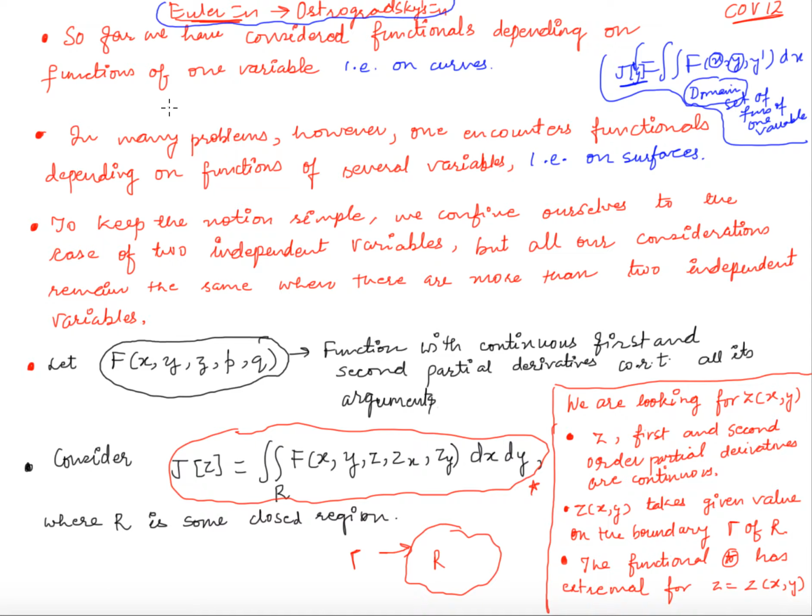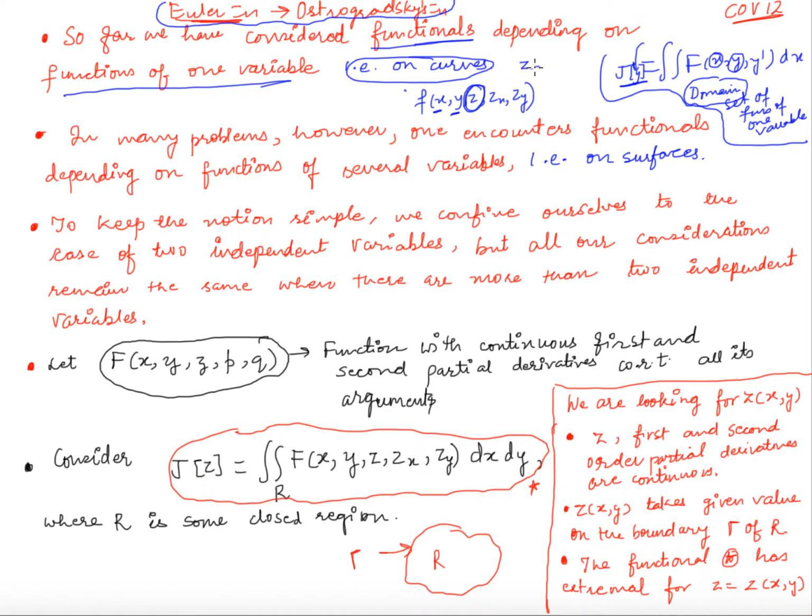So far we had considered functionals depending on functions of one variable, and functions of one variable are curves. But in many problems, we can encounter situations like this: F(x, y, z, z_x, z_y). Here z is our function, the input to this functional F, and x and y are the independent variables.